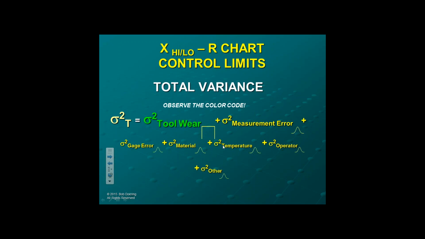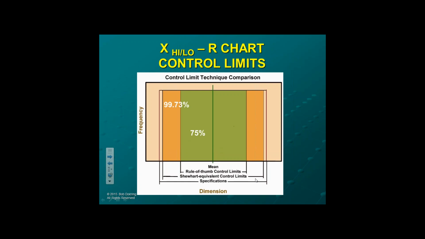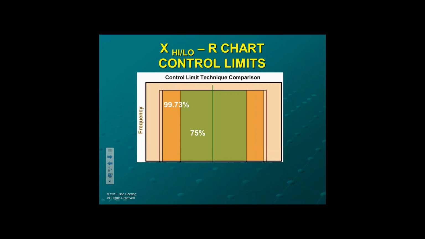So what we do is we take a look at the area between the specifications and say, well, Shewhart allows you 99.73%, but then they have very low distribution out here. For what we're doing, the best is 75%. That's a rule of thumb for these control limits. 75%. Now, what can that mean to us? It's a guard banding to protect from the remaining sources of variance.